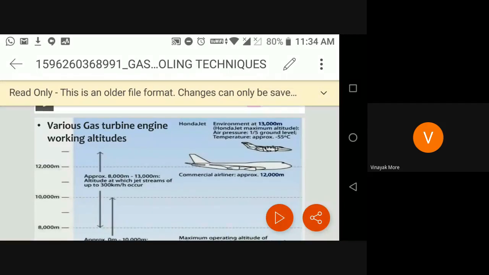If you see up to what position we have the atmosphere, at the poles we have atmosphere up to 9 kilometers, and if you come toward the equator, the atmosphere is up to around 12 or 16 kilometers also. So it depends upon the air density and the movement. Until that range, all these aircrafts can work.